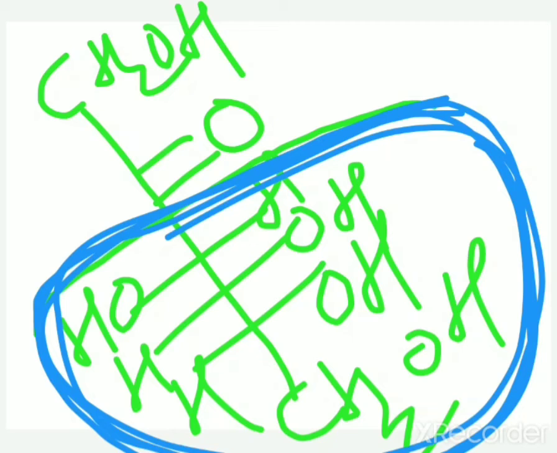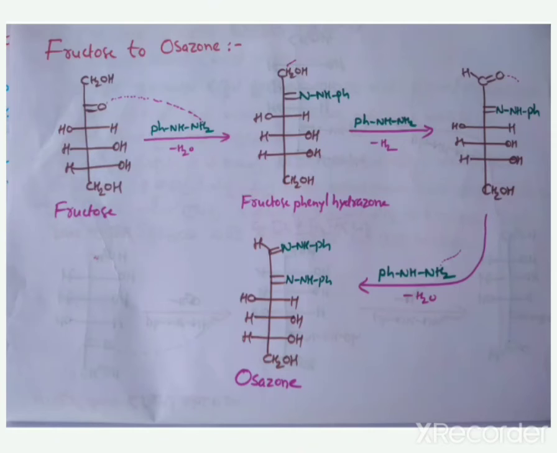But in glucose, here the CHO group is present, but in fructose, on the second carbon, the C double bond O group is present. This is the fructose structure. So we can see now this is the fructose.